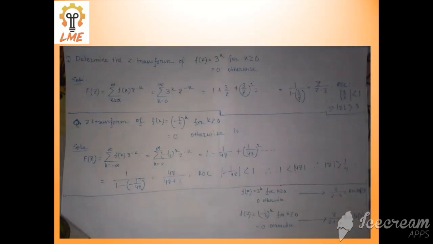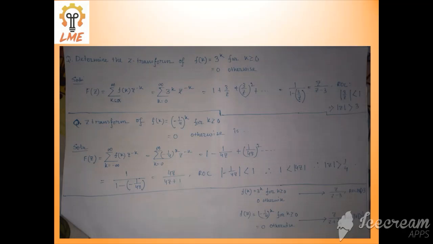Then and only then will you be able to solve any kind of difference equation. You already know how to perform the Z transform of f(k) = 3^k for k ≥ 0, or 0 otherwise. I'm discussing it again so that you can understand how to solve the difference equation easily.